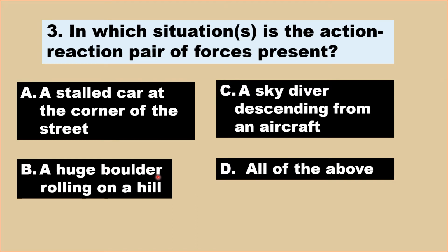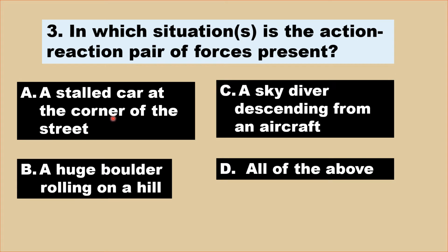In question number 3, in which situation is the action-reaction pair of forces present? So obviously, this is related to Newton's third law, which is the law of interaction. So we have here three situations. Letter A, a stalled car at the corner of the street.